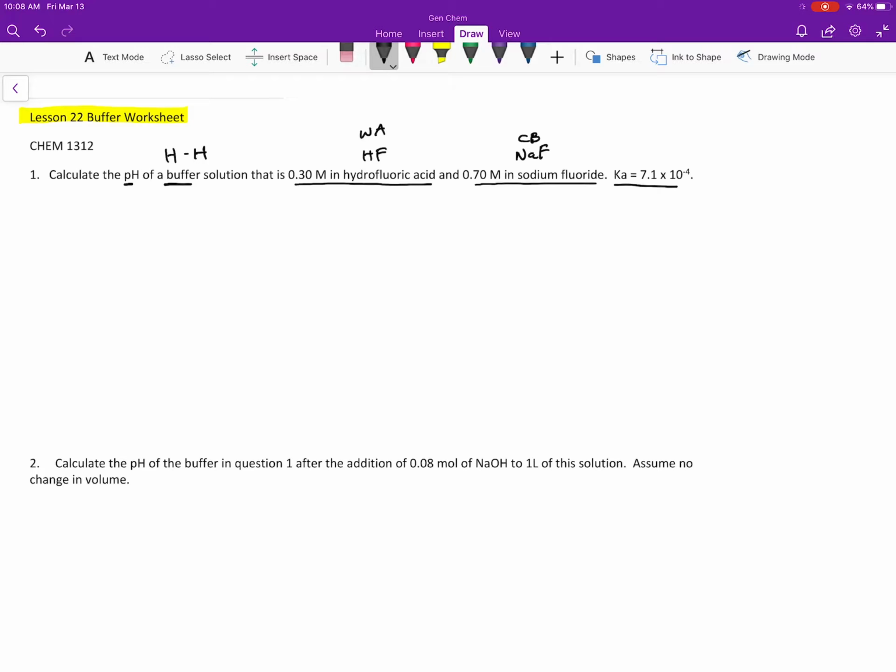So hydrofluoric acid in water makes fluoride and H3O plus, and we know that because it's a buffer problem, we don't necessarily need an ice table, but if you were unsure, you could set one up and solve it that way.